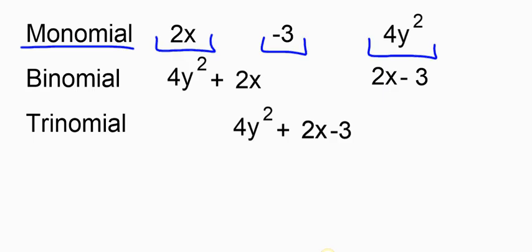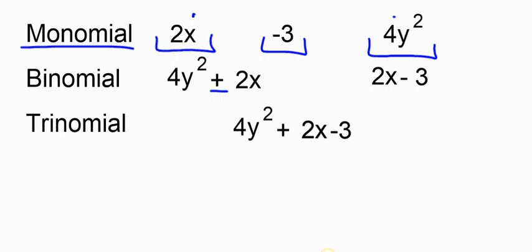Now, from here we go to binomials and trinomials. And so we can see kind of what's happening is I'm taking one of these terms from up here and I'm combining it by adding an operation, like plus or minus, and can even get into multiplication and division, though for the most part we stick with plus and minuses when dealing with polynomials.